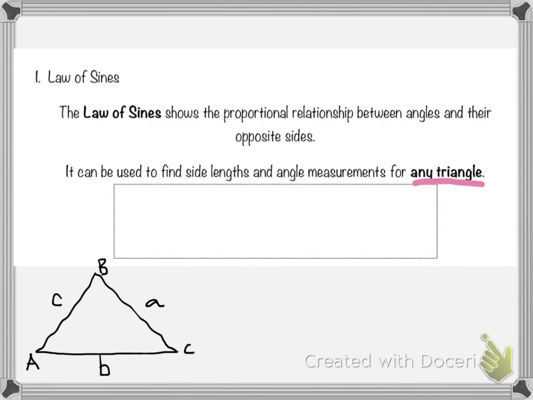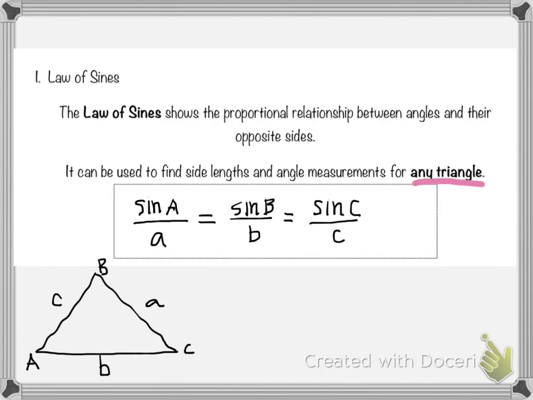So what we do is take the ratio: sine of angle A over side a is the same ratio as sine of angle B over side b, which is the same ratio as sine of angle C over side c. Okay, so let's try these out.